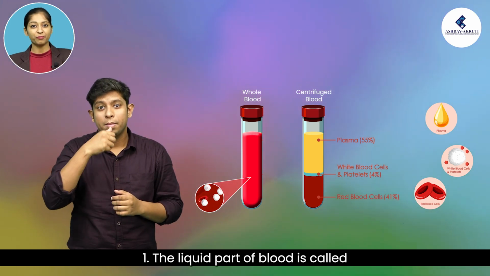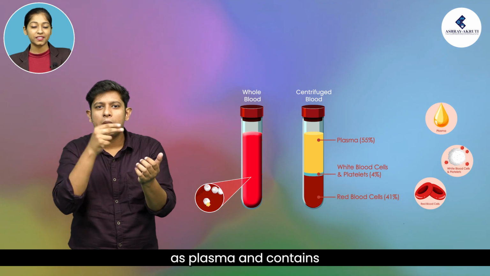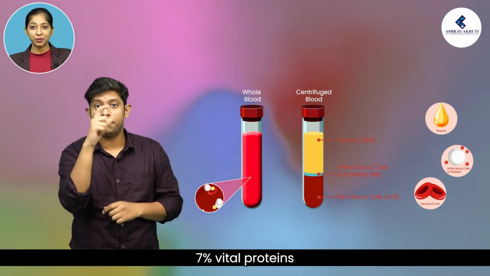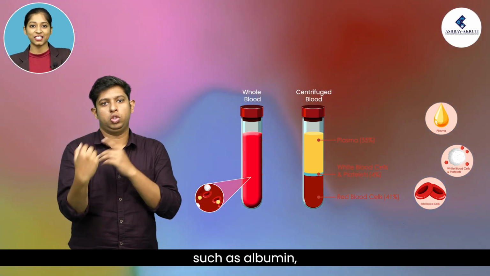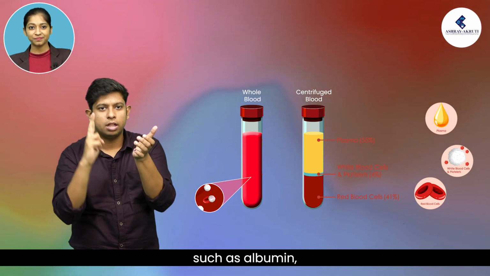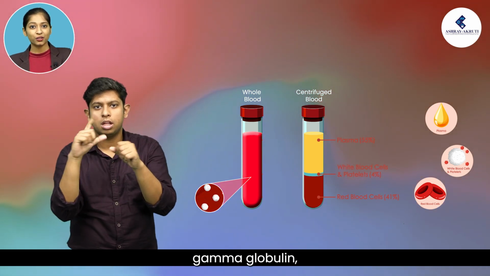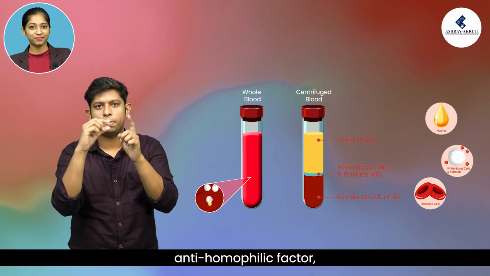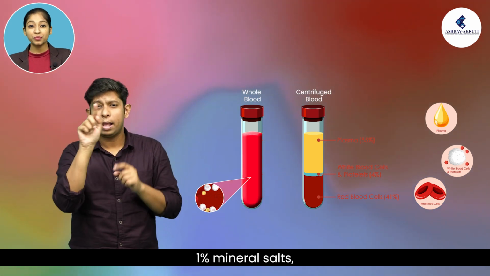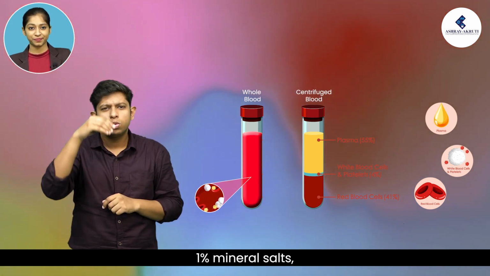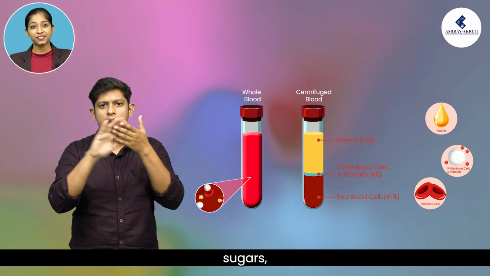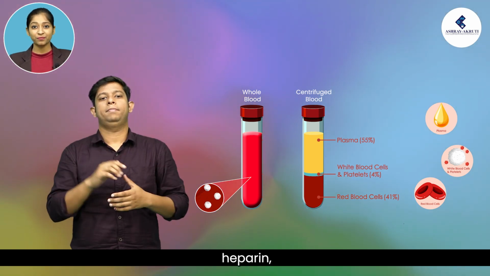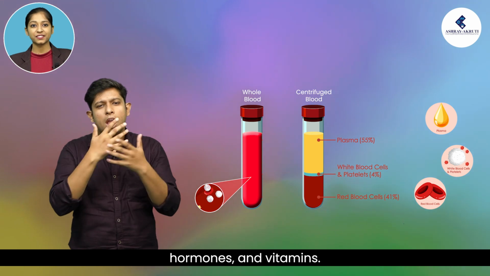The liquid part of blood is called plasma and contains 92% water, 7% vital proteins such as albumin, gamma globulin, anti-hemophilic factor, 1% mineral salts, sugars, fats, heparin, hormones and vitamins.